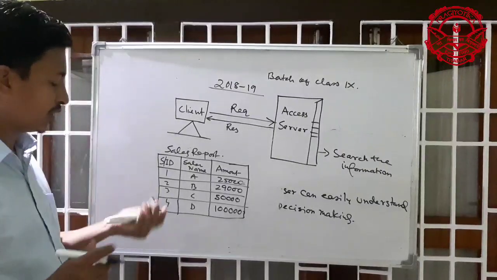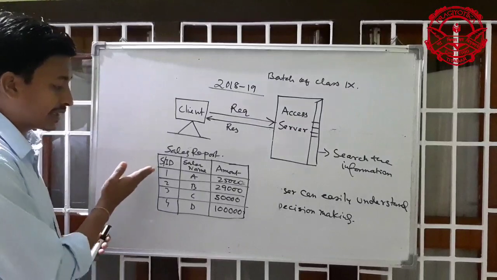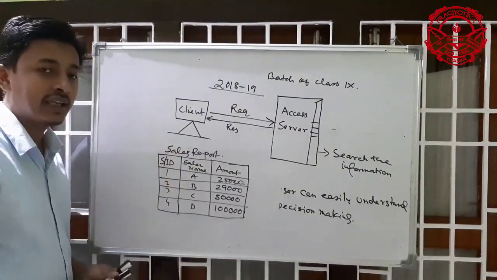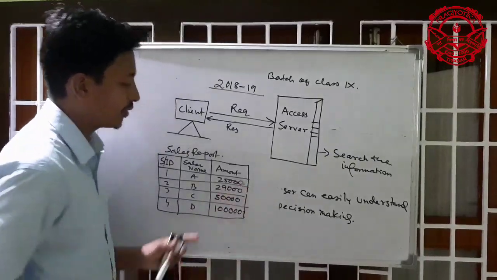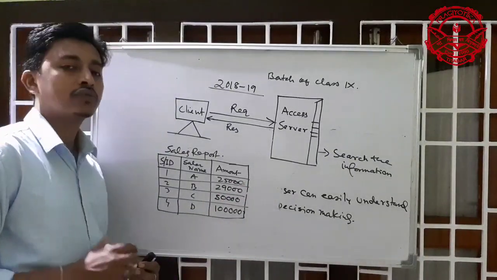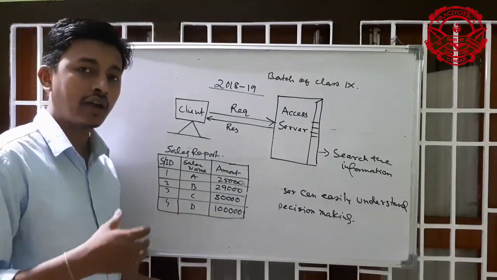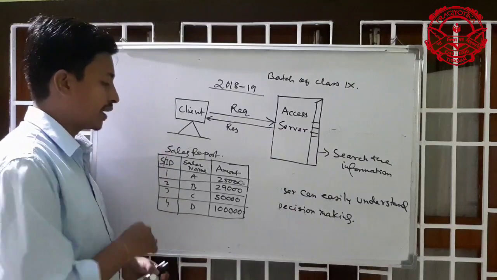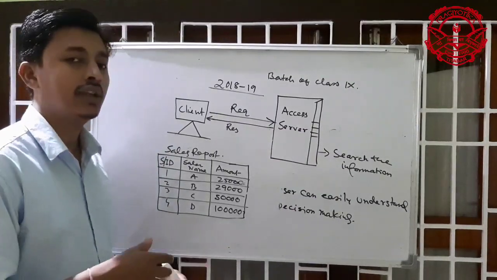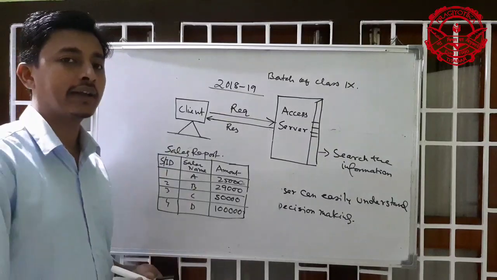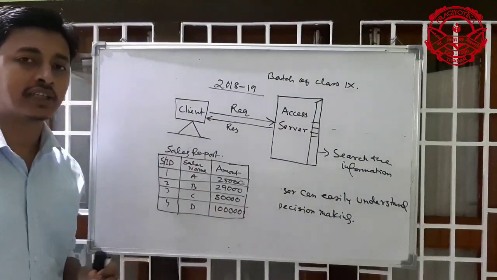Okay, the sales report. This sales report gives the information that for sales ID 1, the seller name is A, and he sold only 25,000 of amount. So that's why in the next year or upcoming year, we have to give some extra effort to this seller so that this seller will go higher and higher and sell more than the present sales.